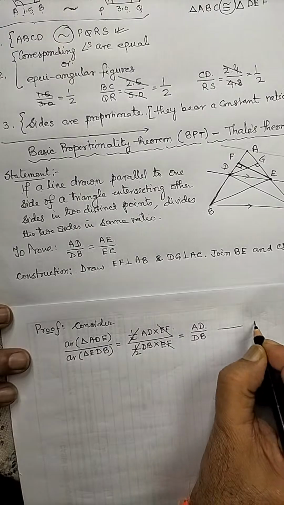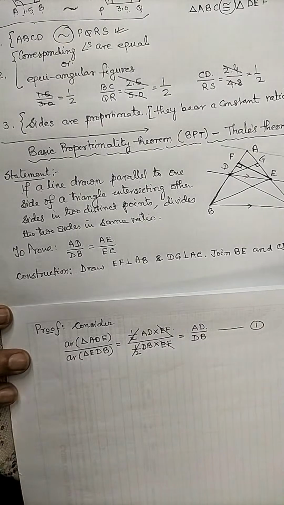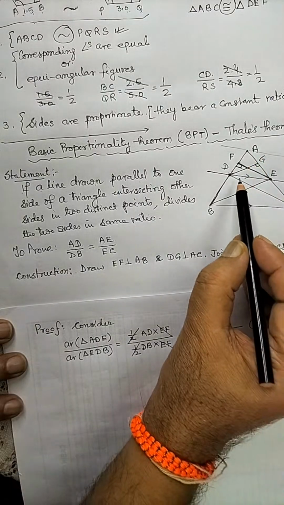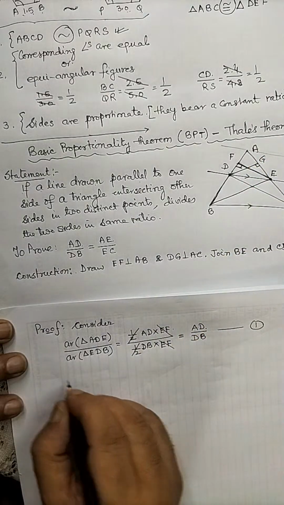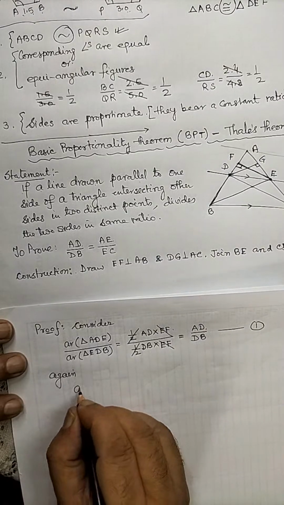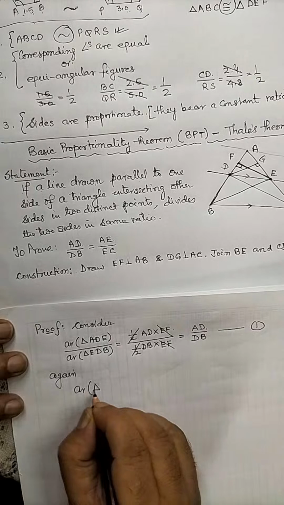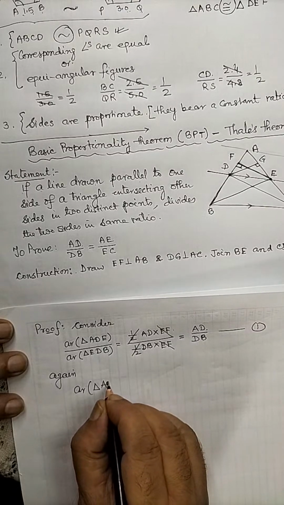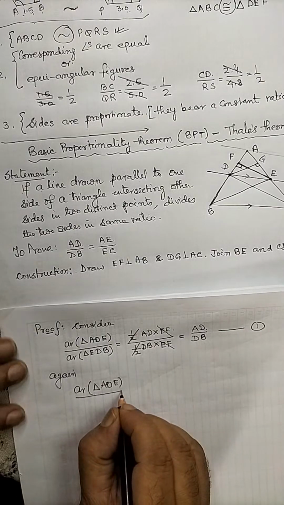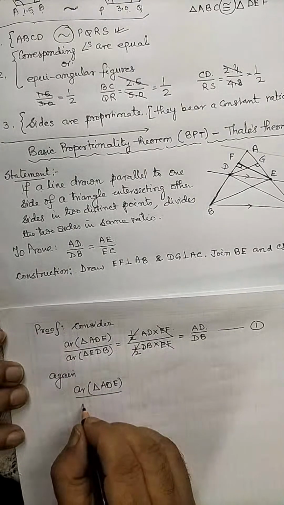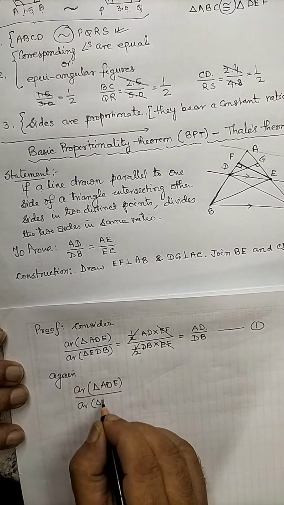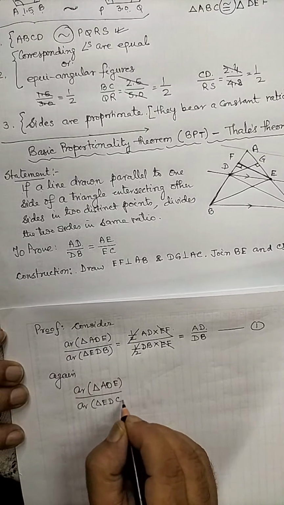Let me call it as 1. And again consider same triangle and this triangle now. Again, area of triangle ADE upon area of triangle EDC this time.